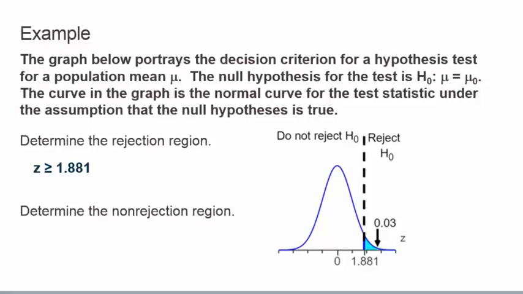Determine the non-rejection region. Since the rejection region is to the right, the non-rejection region would be to the left: z is less than 1.881. Continuing our example, determine the critical value or values.